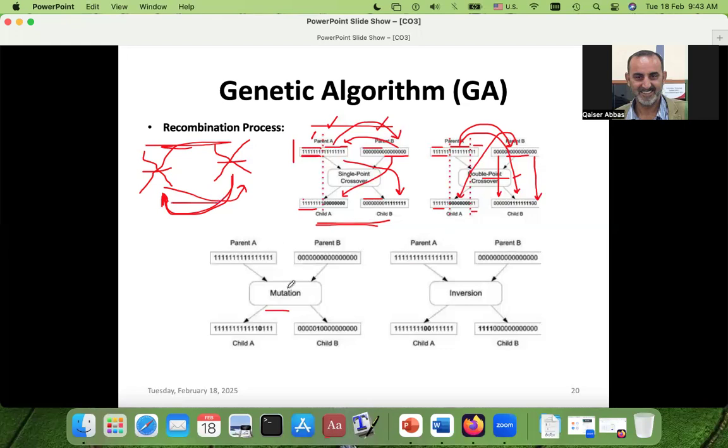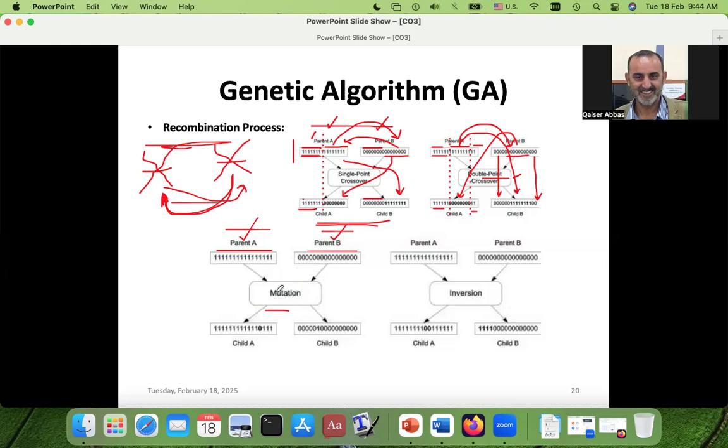Anyhow, here mutation. You have the parent A and the parent B. This is the string for parent A. This is the string for parent B. Mutation is just changing only one bit and then getting the next generation. This is the string of the DNA of parent A and this is the string of the DNA of parent B. But actually, it is not according to biology, because if you see the string of DNA, it will have A, D, C, some letters in it.